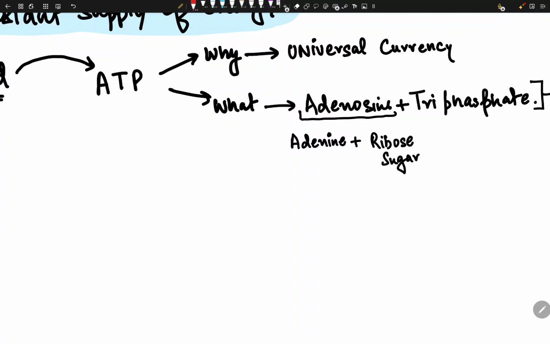More accurately, when you break these ATP bonds, we get energy. But breaking these bonds alone requires energy, right? So the overall hydrolysis reaction. Now, wait, hydrolysis, what is it? Hydrolysis is when we use water to break bonds, right?